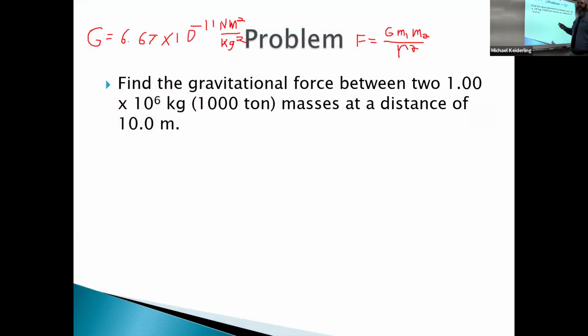So let's find the gravitational force between 1 times 10 to the 6 kilogram, million kilogram, or 1,000-ton masses at a distance of 10 meters. So much bigger masses. So remember, force of gravity is big G, 6.67 times 10 to the minus 11, times mass 1 times mass 2, divided by the distance between the masses squared.